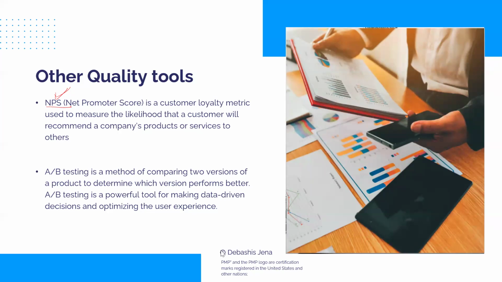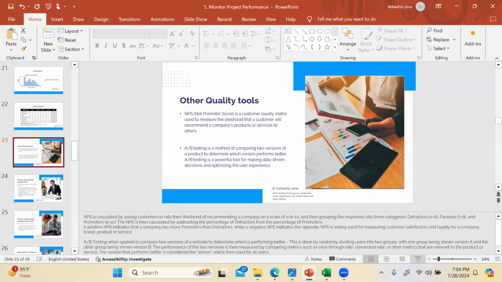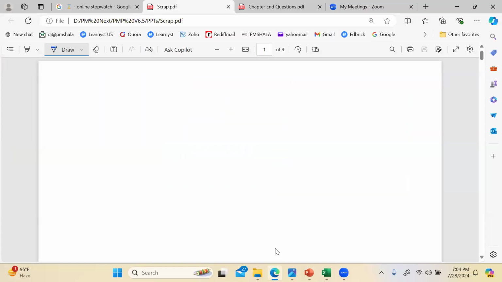I'll explain how to calculate it. The way you calculate NPS is, I would do a survey of my customers. Let's say I arrange a number of customers, say 100 customers who are ready to provide feedback.